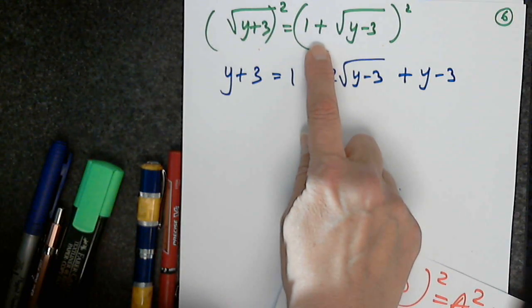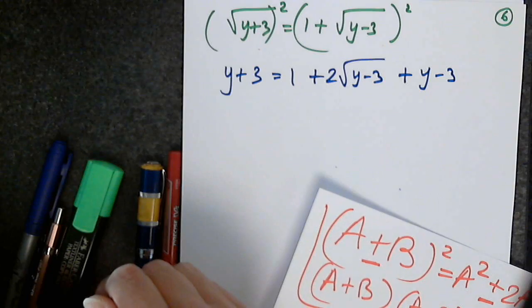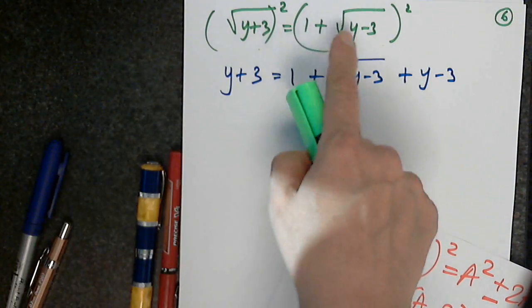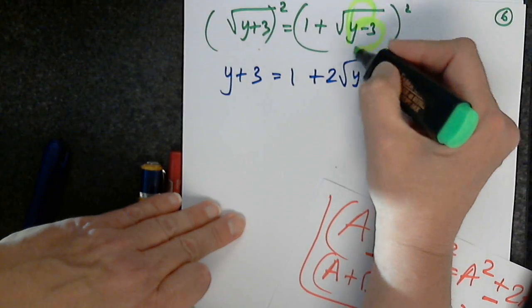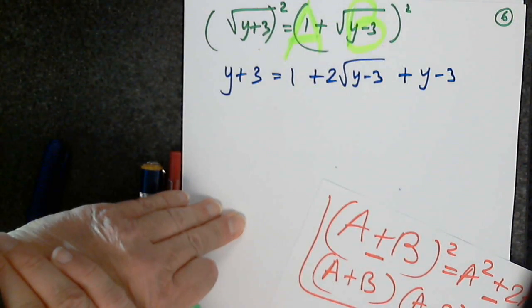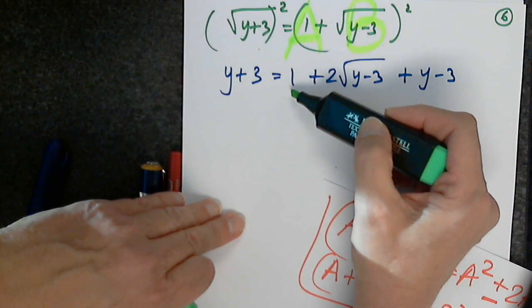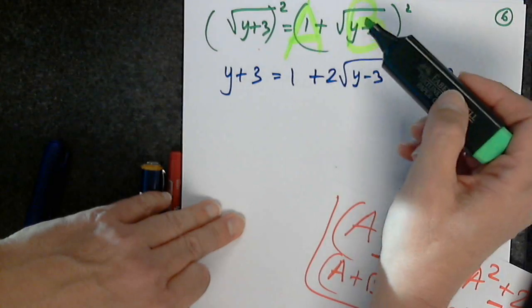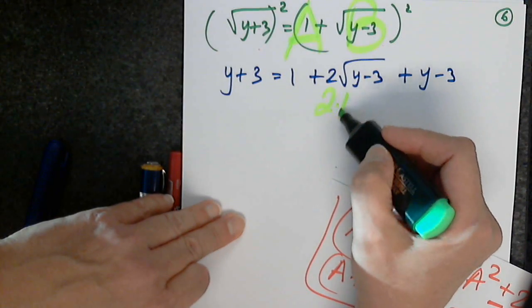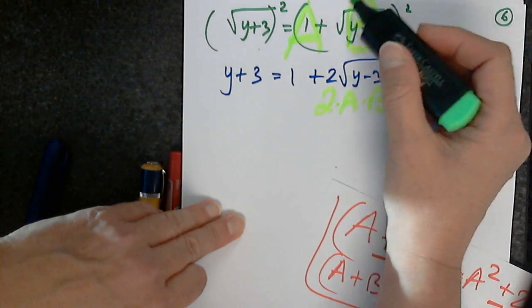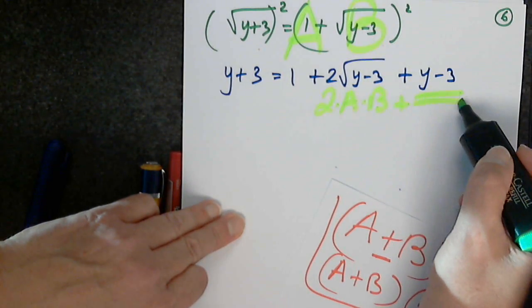I was looking in between the 1 minus 3. But this quantity is the b, and this quantity is the a. So a squared is 1 plus 2 times a times b plus b squared, which is this.